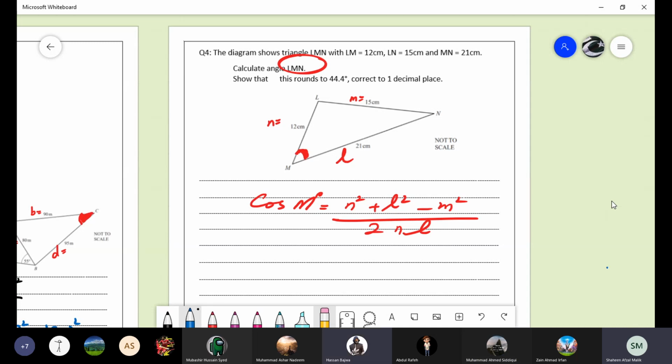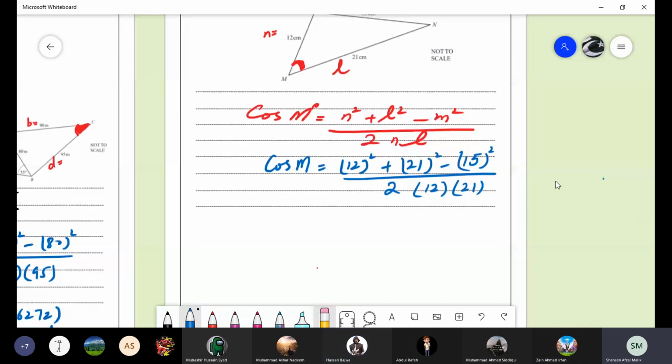Cos M is equal to 12 square plus 21 square minus 15 square divided by 2 into 12 into 21. What is the square of 12? 144. 21 square is 441. 15 square is 225.